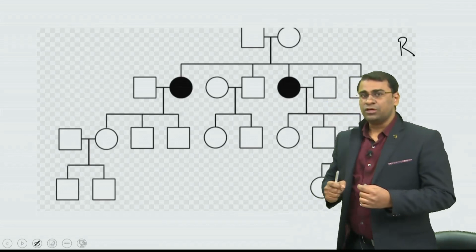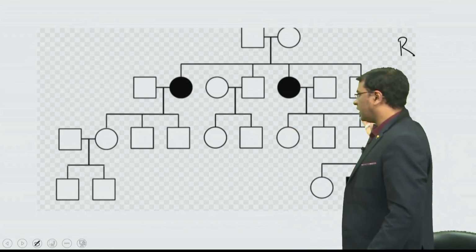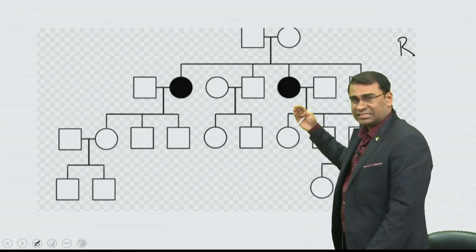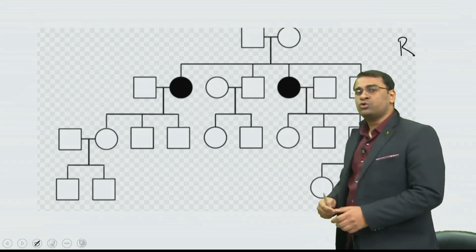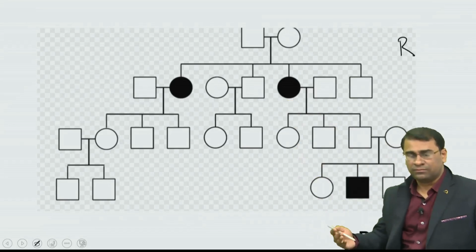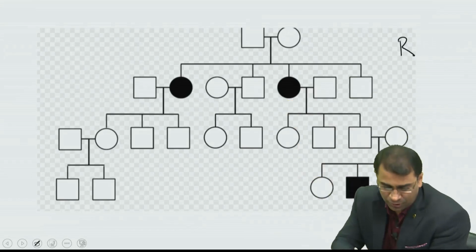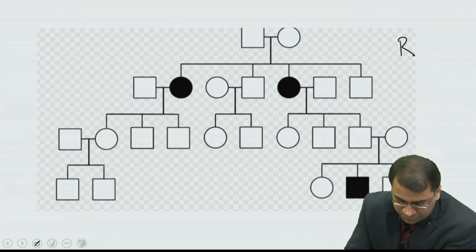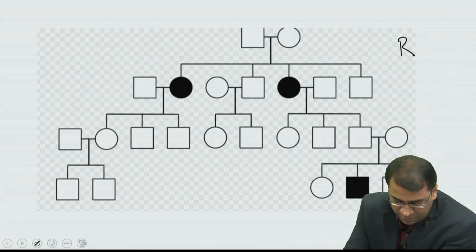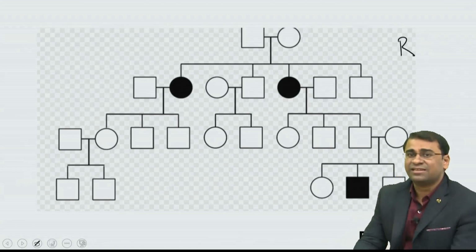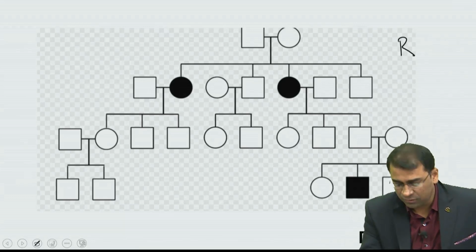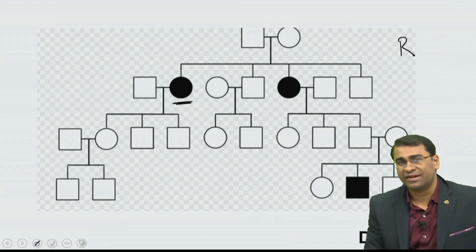But in this pedigree, you are not getting enough idea as to whether you can say it is X-linked or autosomal. So let's consider this to be X-linked recessive. Suppose we consider this to be X-linked recessive. What is the genotype of this lady?